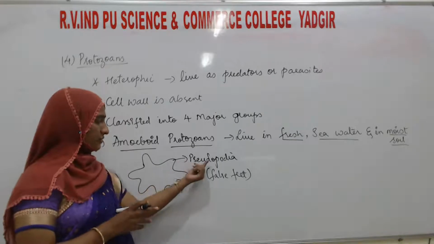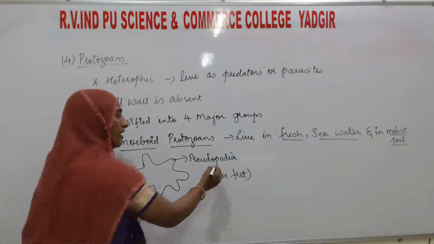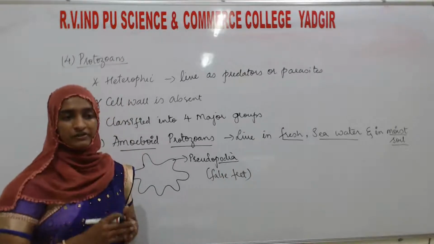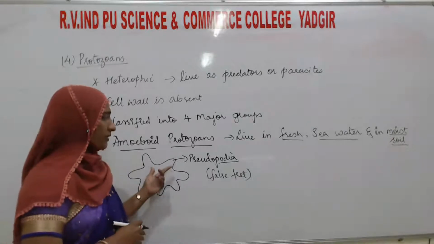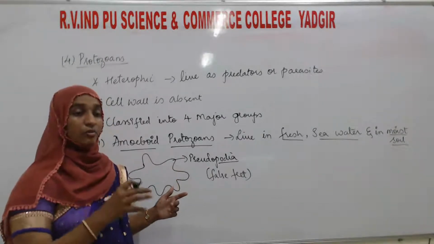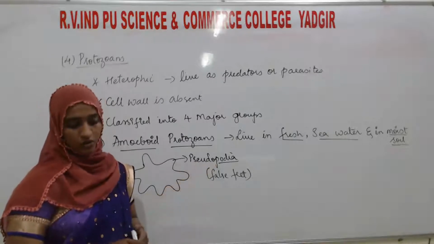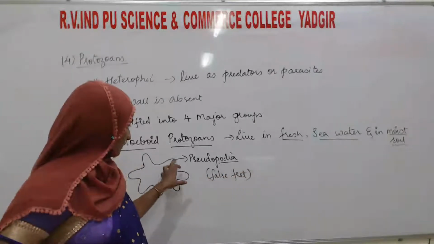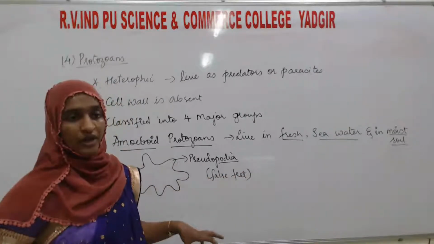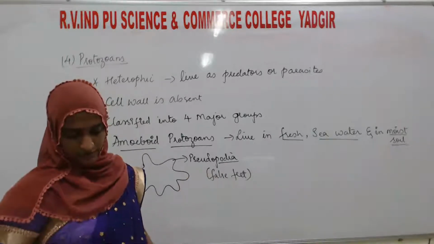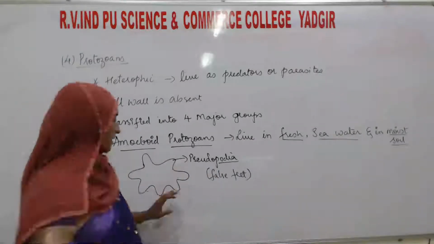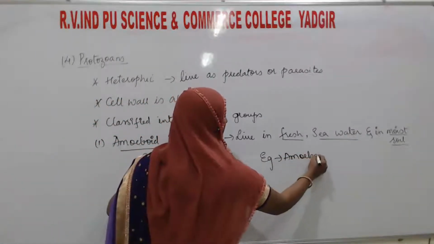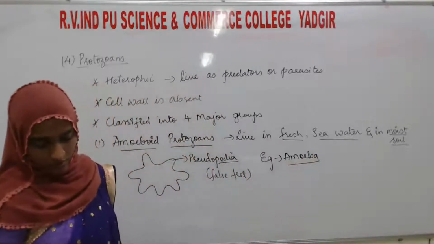Podia means the locomotory organ, which can move the organism from one place to another. By putting out these finger-like projections, the pseudopodia, they capture food. An example of this amoeboid protozoan is amoeba.